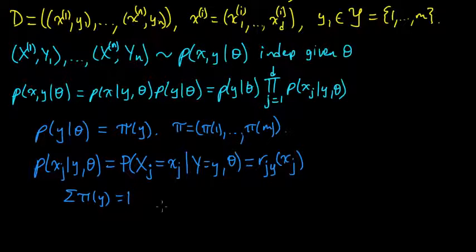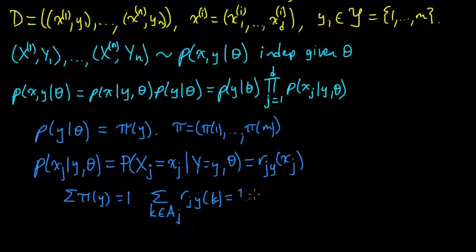This is a distribution, and the sum, as let's say k for this little x_j ranges over A_j, that set, then r_jy of k is 1. And these are all non-negative numbers. And this is true for all j and y. Just to be perfectly explicit here. All right, so okay, we haven't really done a whole lot new here.